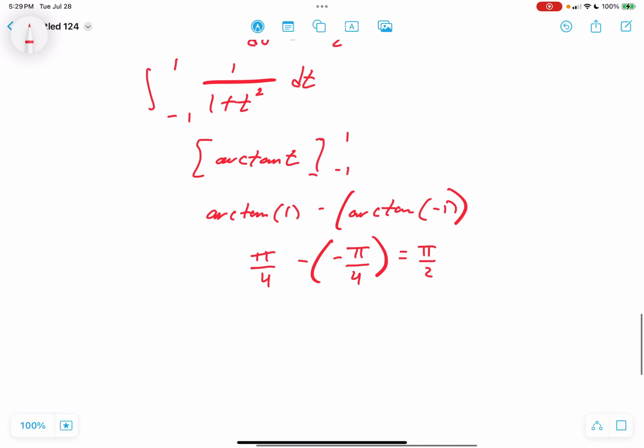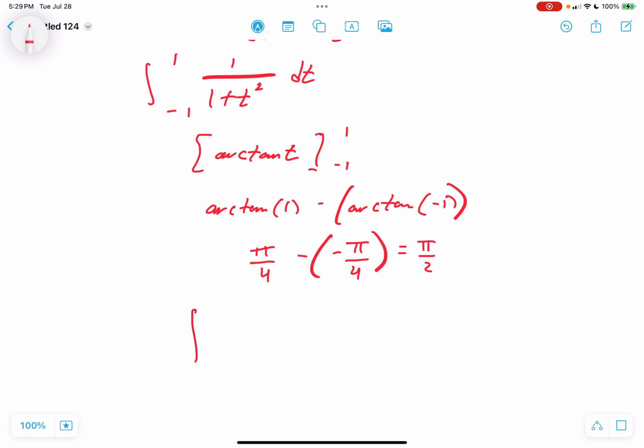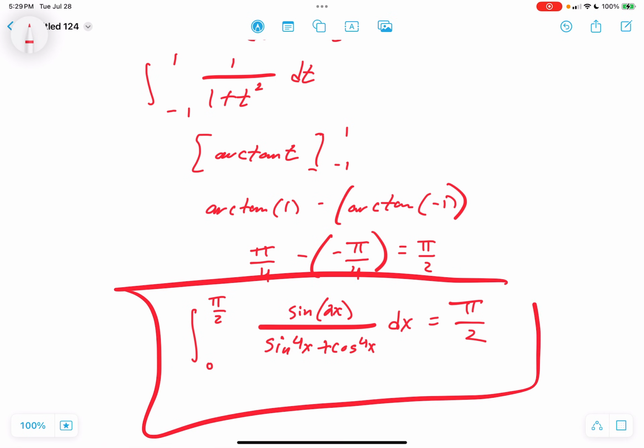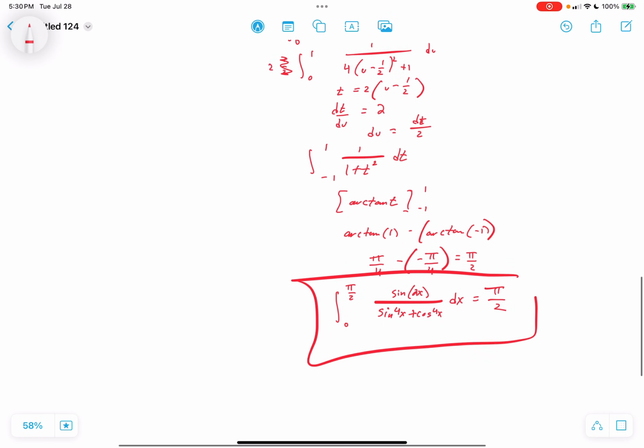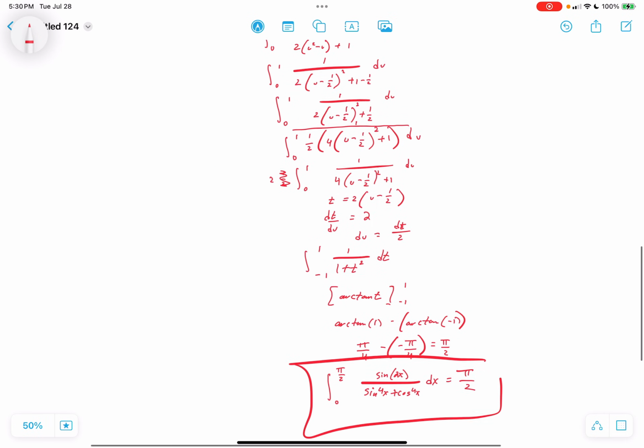And finally, as a final statement, we can say the integral from 0 to pi over 2 of sine of 2x over sine raised to the 4th x plus cosine raised to the 4th x dx is equal to pi over 2. Wow, that problem right there is pretty difficult for the easy integral.